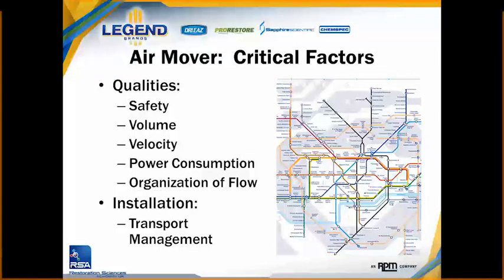And just like we're trying to move people with a rail system, the same is occurring with air movement in trying to move water or water vapor away from one surface and into an area where a dehumidifier or ventilation can handle that excess moisture and remove it from the space.